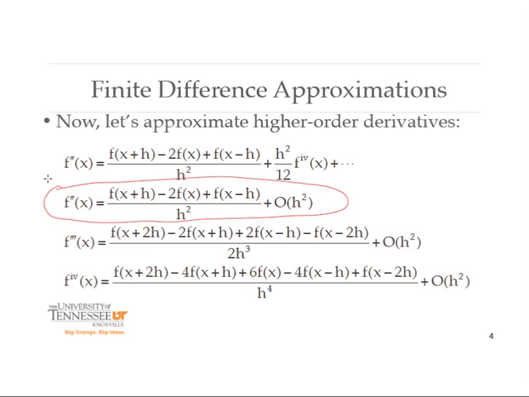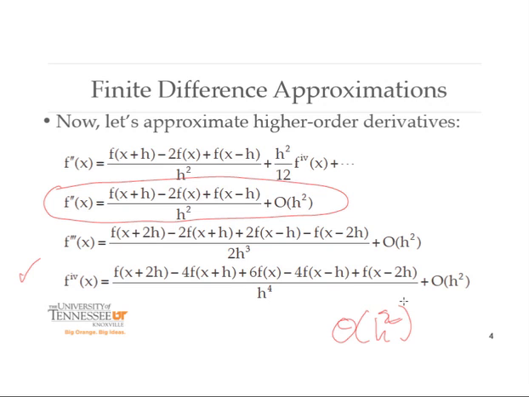Error is still of order h squared. And here's the third derivative. Notice it takes four function evaluations. If you went to the fourth derivative, it takes five. So it takes one more evaluation than the order of the derivative to approximate it. But notice all of the errors are order h squared for all of these approaches.